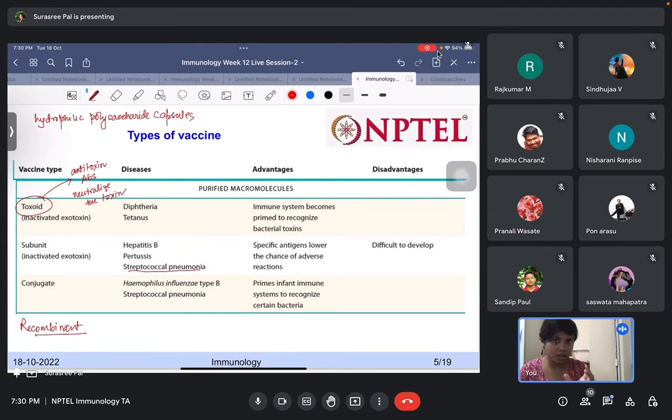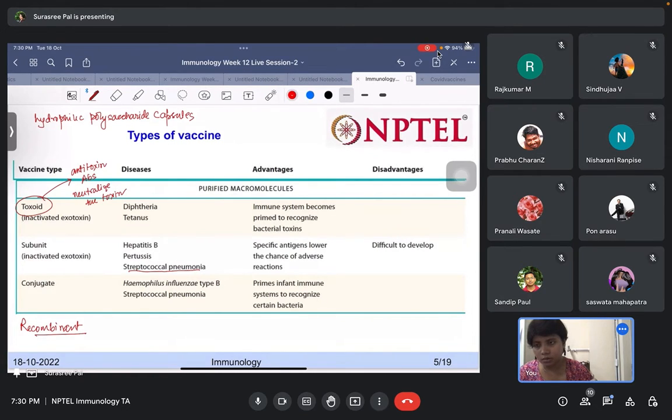So whatever gene is producing a particular antigen can be cloned and expressed in cultured cells, right? And therefore, from these cultured cells, this particular protein can be extracted and purified. So that is how the recombinant subunit vaccines are produced.